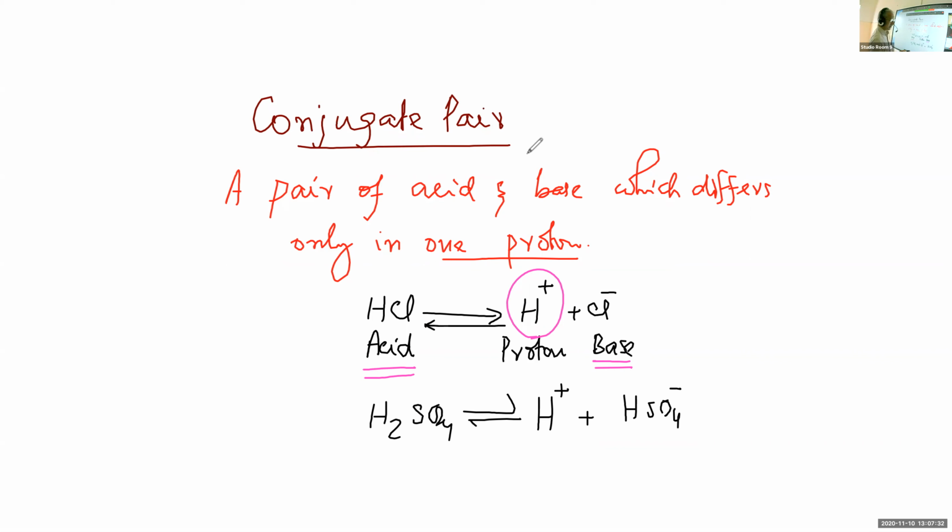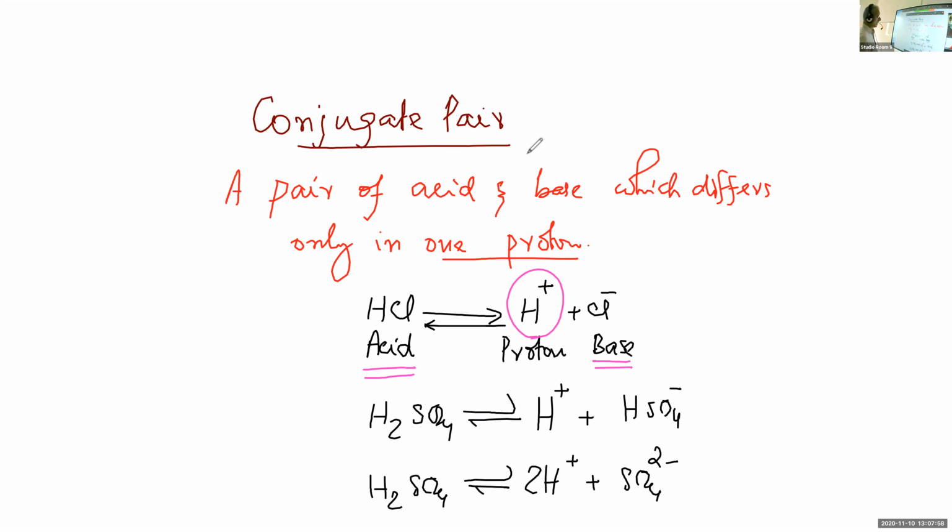This is one way of ionization. Here the ionization is not complete. You can take another dissociation, complete ionization, giving 2H plus ions plus SO4 minus 2 ions. Let us see the case of the acid and base.